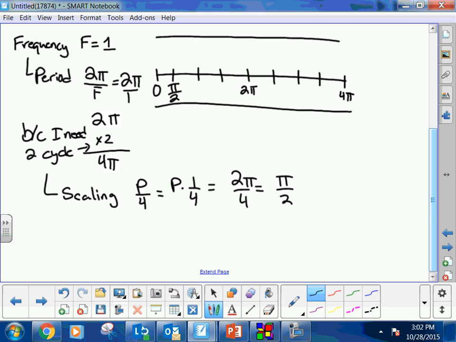And then I'm going to add another pi divided by 2. So if I add another pi divided by 2, how much does that give me? Actually, I got pi over 4 and 2 pi over 4. It's actually 2 pi over 2.